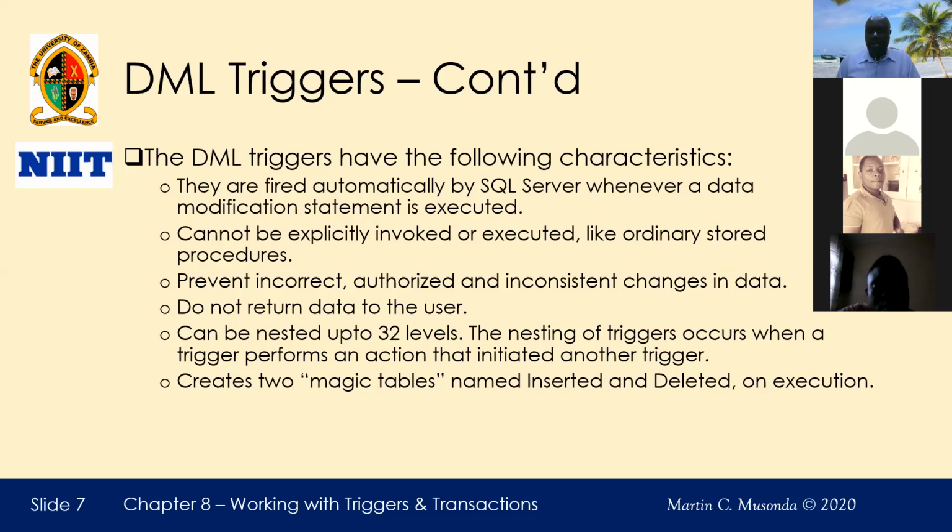So we are saying you can have a trigger which will have in it other triggers. And those other triggers can also have other triggers inside them, and those other triggers can also have other triggers in them, up to 32 levels. Okay. Is that okay?